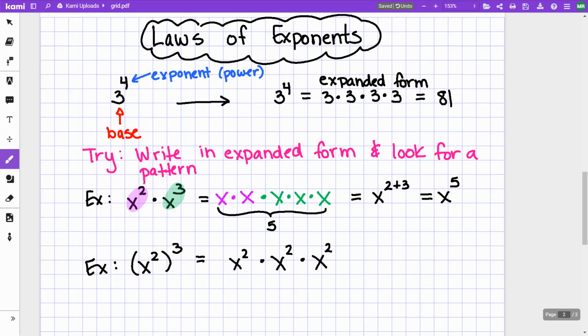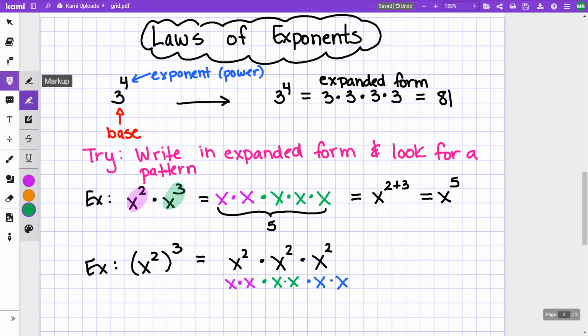So if we were to expand this, I'm just going to do these in different colors. I get an x to the 2nd here as x times x. Then the next one would be another x times x. And then the last one would be another x times x.